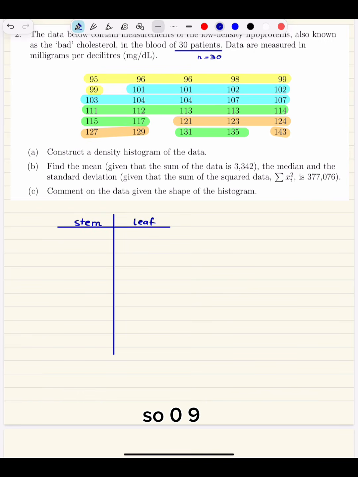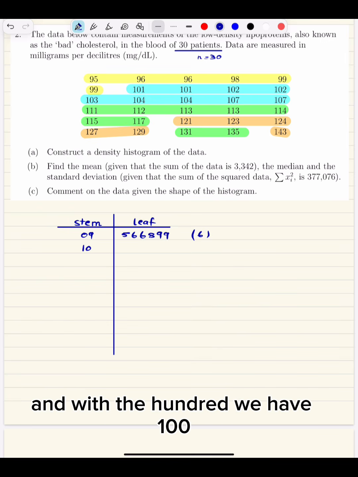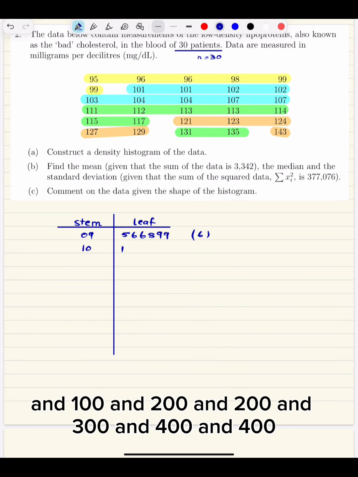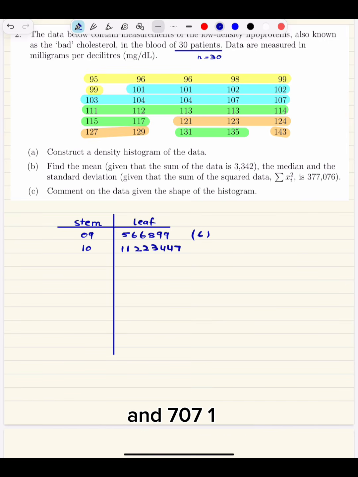Okay, so with 90 we have 95, 96, 96, 98, 99, 99. That's 1, 2, 3, 4, 5, 6 entries here. With 100 we have 101, 101, 102, 102, 103, 104, 104, 107, 107.